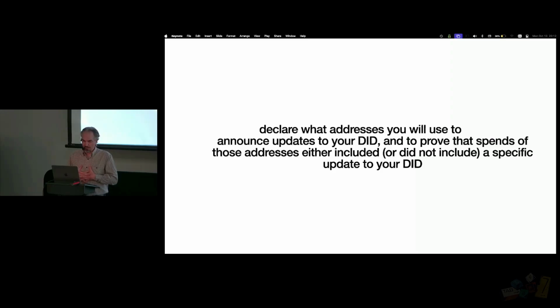So the way BTCR2 works, very briefly, is that you declare what addresses on the Bitcoin blockchain you are going to use to announce updates to your DID. And then you prove that spends of those addresses either included or did not include a specific update to your DID.